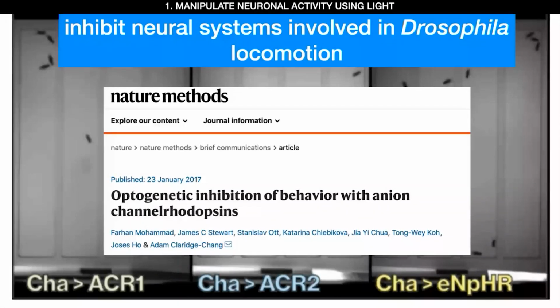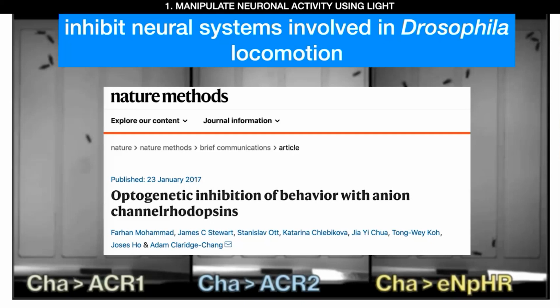And this one is, to me, one of the very cool ones to see. This is on Drosophila. In this experiment, they tried to inhibit the neuronal system that is involved in Drosophila locomotion.